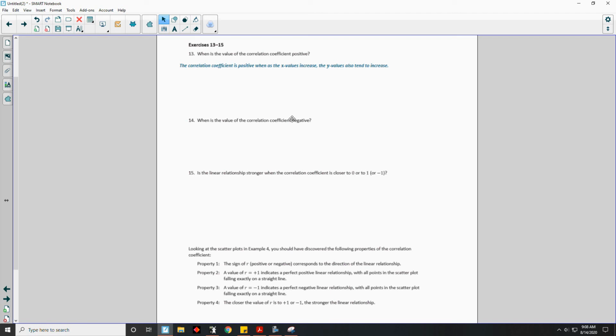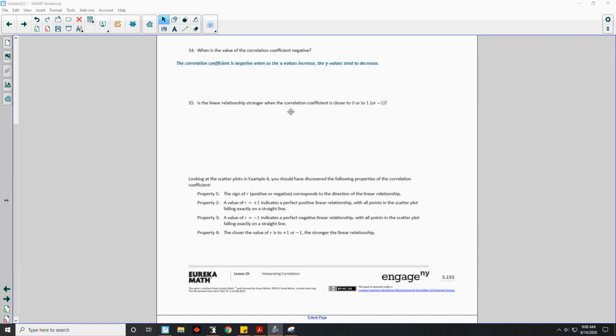Number 14, when is the value of the correlation coefficient negative? Okay, the correlation coefficient is negative when, as the x values increase, the y values tend to decrease. Number 15, is the linear relationship stronger when the correlation coefficient is closer to 0 or to 1 or -1?